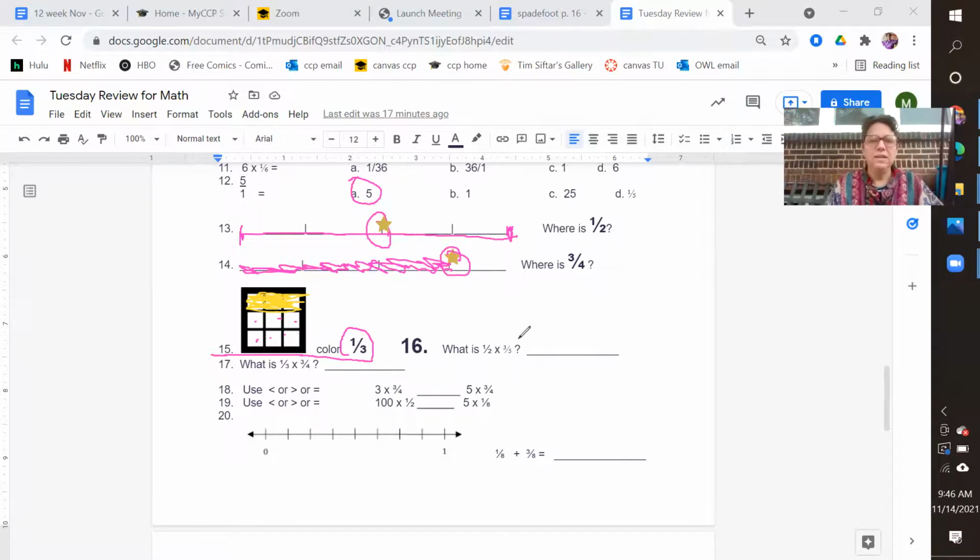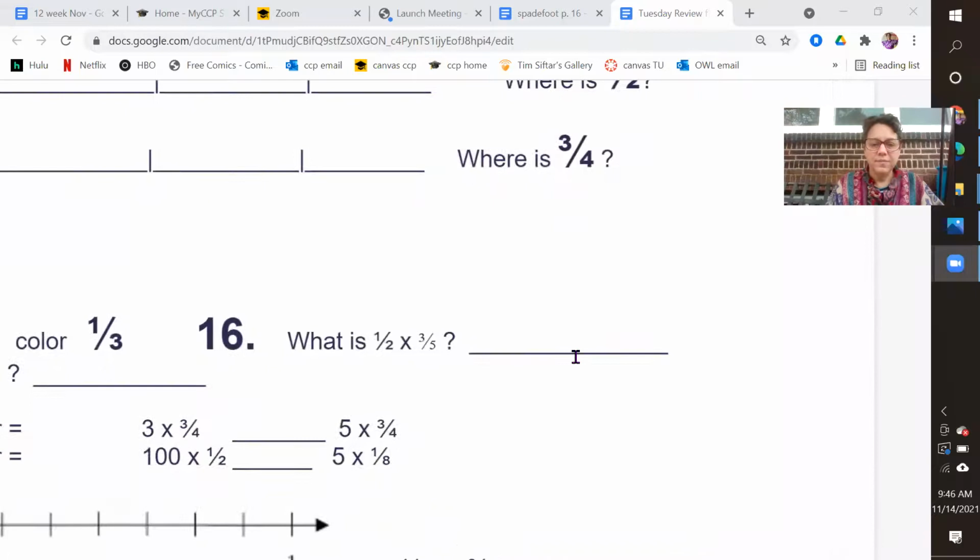Number 16, we're getting a little more difficult. What is 1/2 times 3/5? Right? What is 1/2 times 3/5? We're looking at these numbers. And for multiplication, all we do is we multiply the 2 top numbers, and then we multiply the 2 bottom numbers.